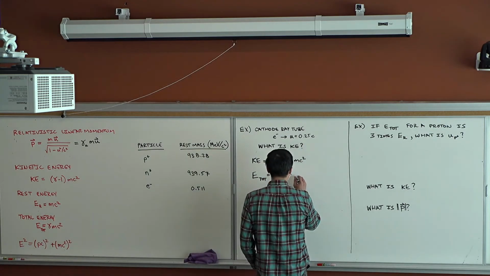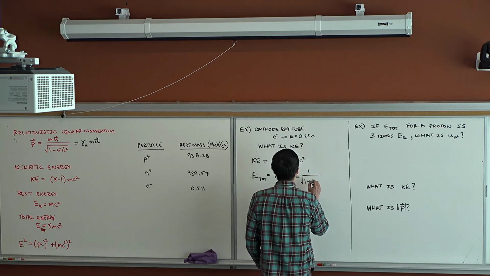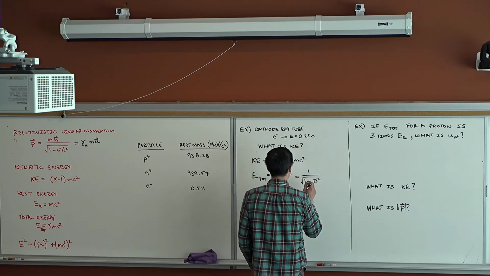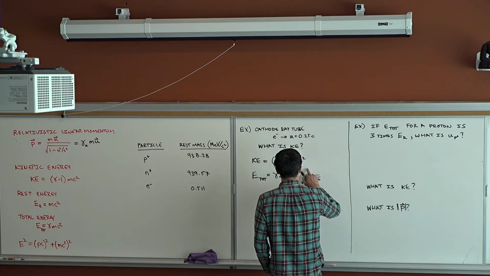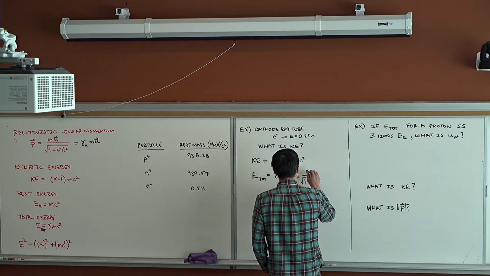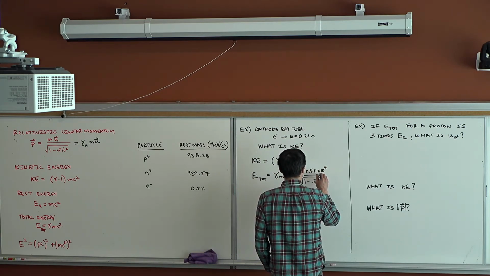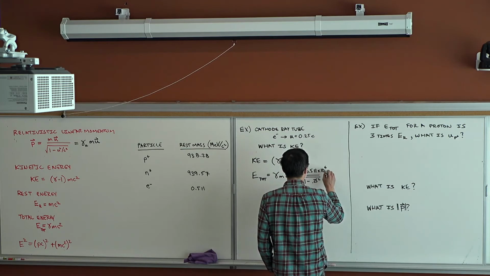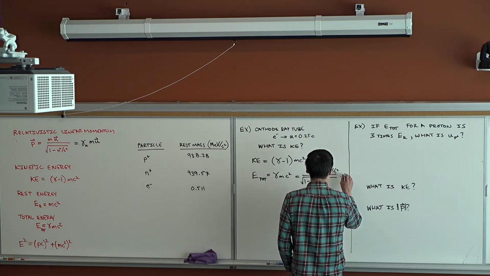And so we could say 1 over the square root of 1 minus 0.25 squared, times 0.511 times 10 to the 6 eV over c squared, and then times c squared.